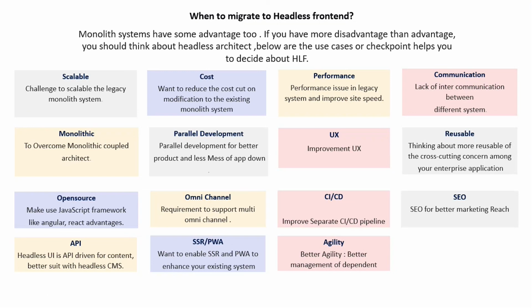Another major thing is server-side rendering and PWA features. If you're looking for better SEO and faster page loading, server-side rendering is one of the options. And if you have progressive application needs, it's time to migrate to headless UI with JavaScript frameworks like Angular, React, or Vue.